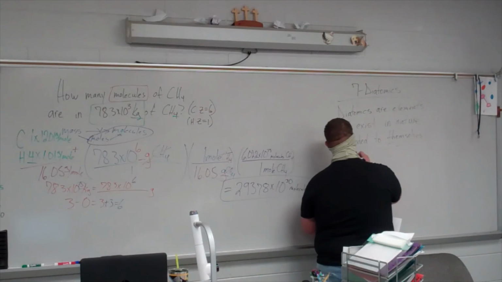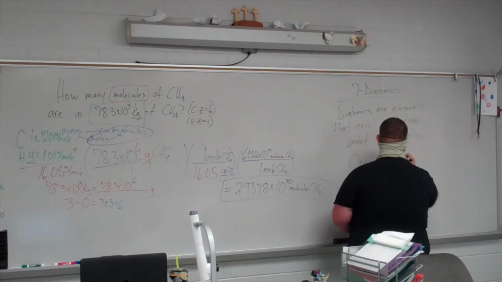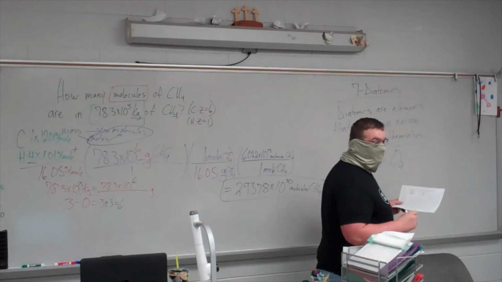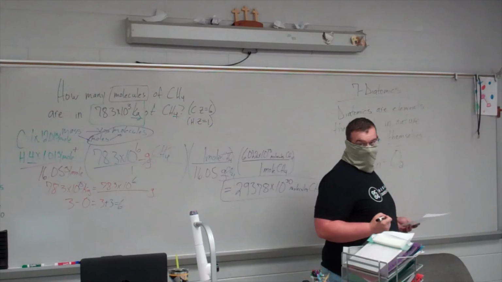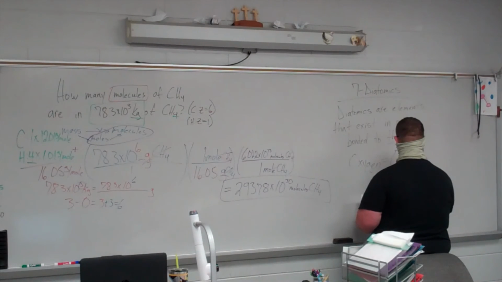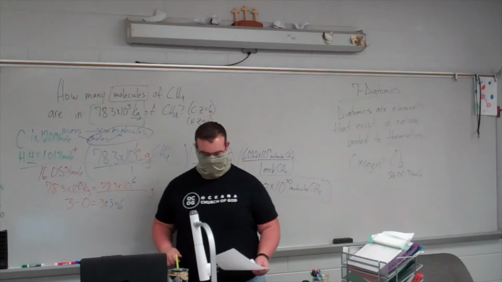So oxygen is equal to O2, which means the average atomic mass is double. So 32.00 grams per mole.